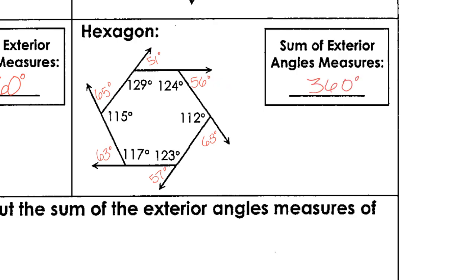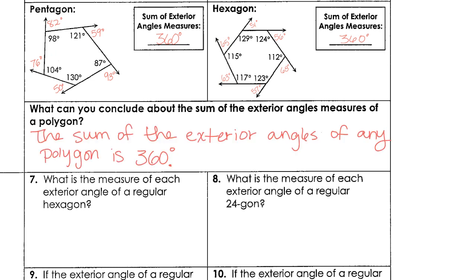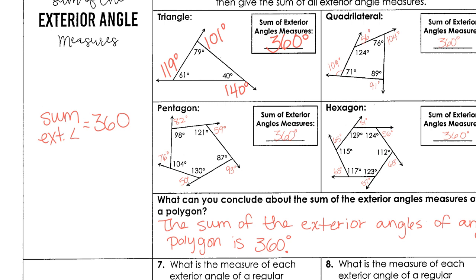So now what can we conclude? Well, I say that the sum of the exterior angles of any polygon is 360 degrees. Now, I know this isn't really a formula, but we can write this down. So we can say the sum of the exterior angles is always 360.